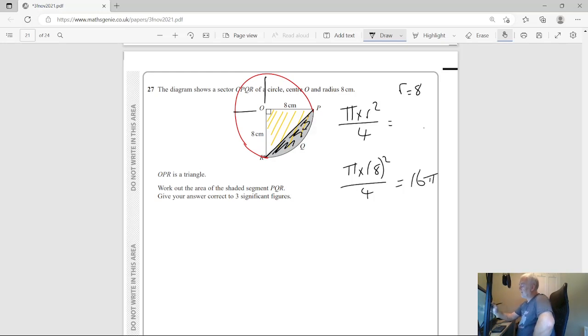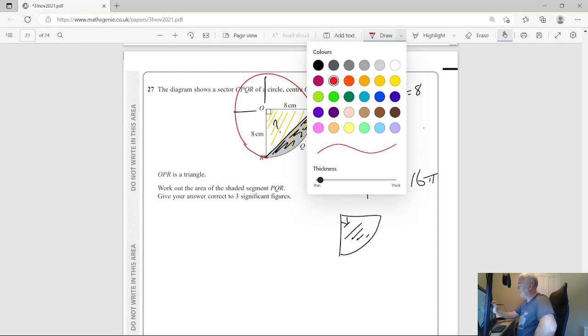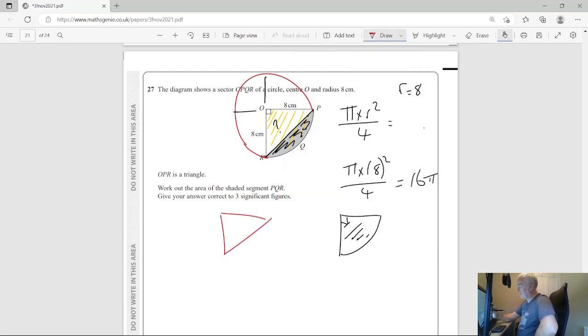So if we can find the area of the triangle and then subtract it, we've worked out the area of that bit. If we can now find the area of that, we know it's 8 high, we know it's 8 wide, and to find the area, we've got base times height divided by 2.